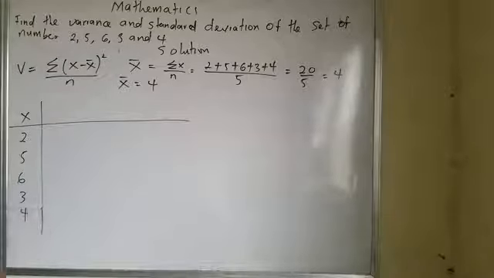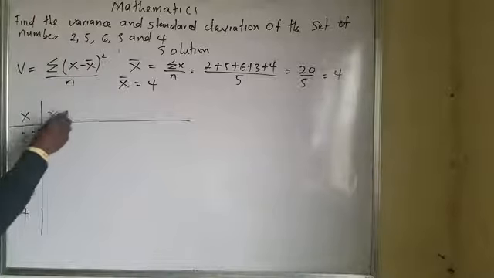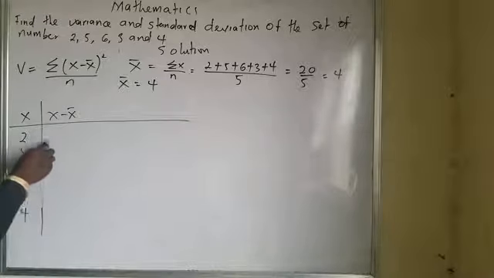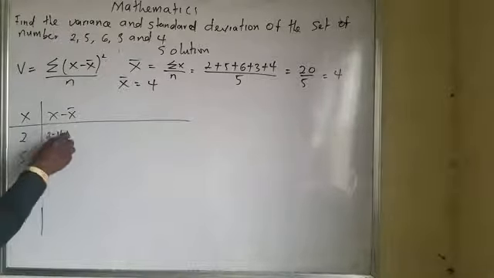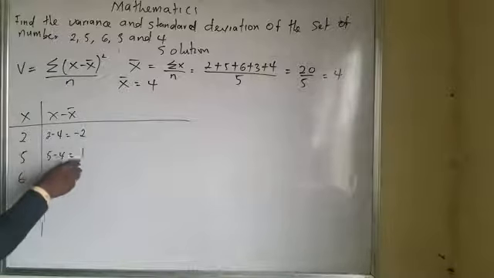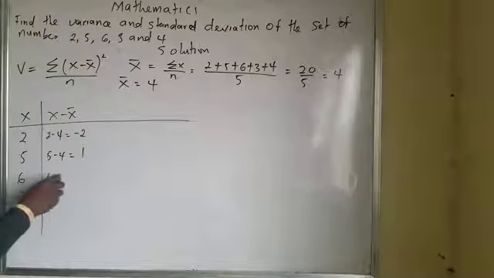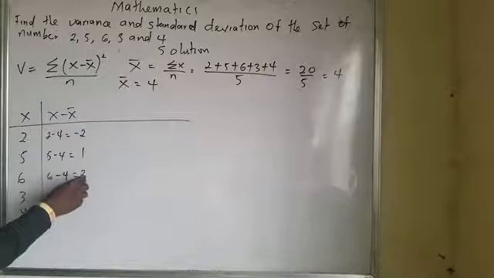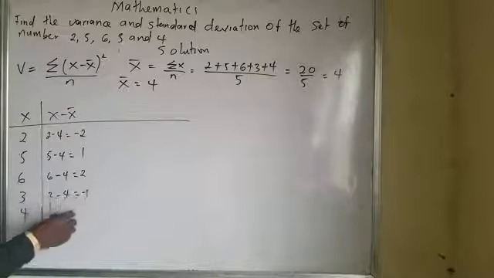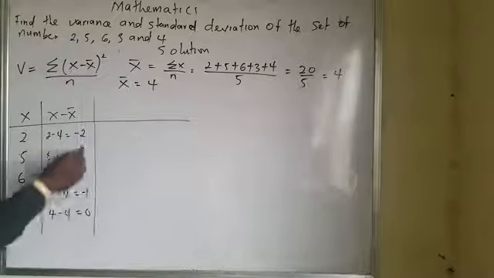Now, x minus x bar: 2 minus 4 gives me minus 2, 5 minus 4 gives me 1, 6 minus 4 gives me 2, 3 minus 4 gives me minus 1, and 4 minus 4 gives me 0. Please take note of those things.